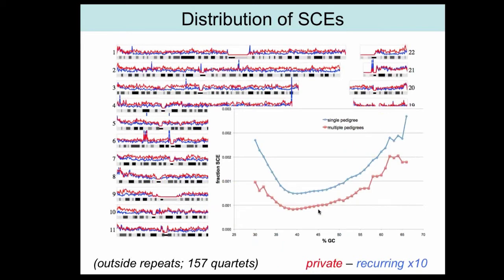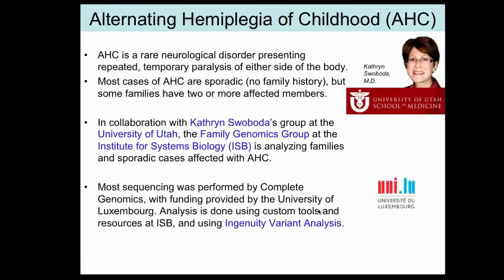So now we want to switch to a specific analysis of a specific disease. We have been collaborating with Kathy Swoboda from the University of Utah School of Medicine on analysis of alternating hemiplegia of childhood, which is a rare neurological disorder with paralysis on either side of the body, particularly in children.